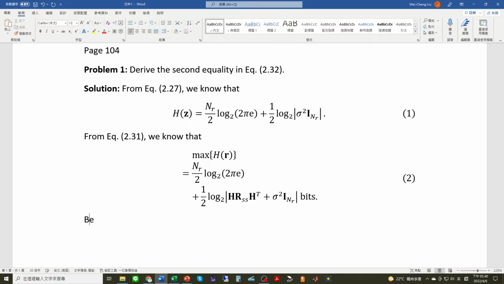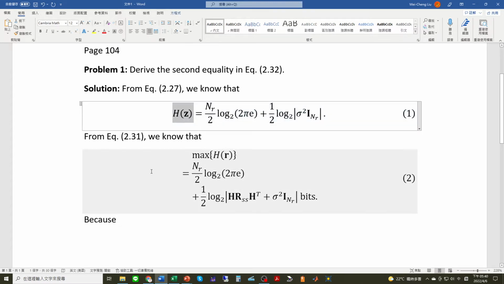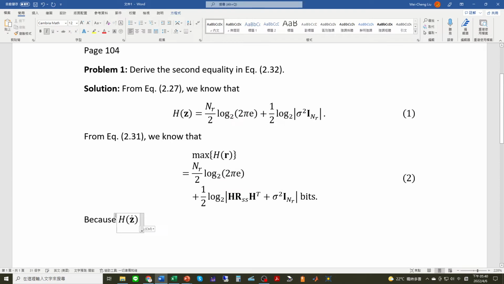Okay, because h of v is a constant. We can see that in equation 1, h of v is a constant.